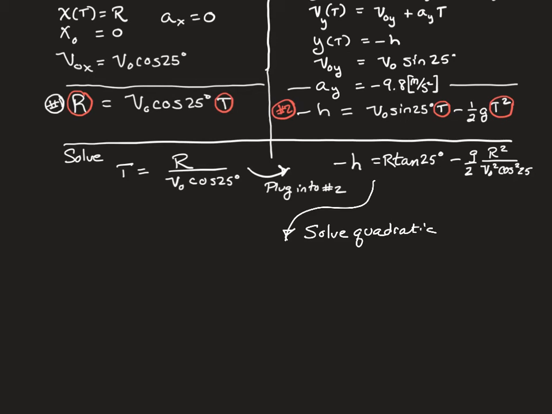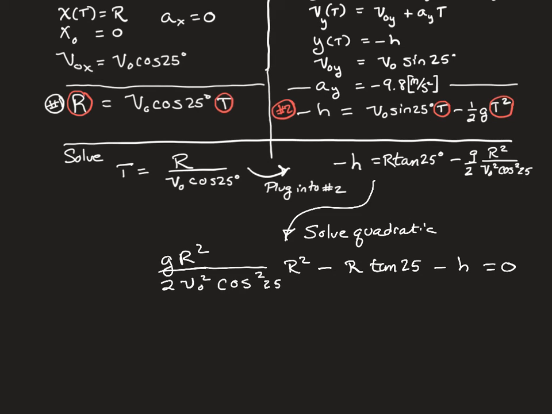So I'll recast this a little bit. This is going to be g over 2 v naught squared cosine squared 25, so all of that stuff are known numbers, times r squared, minus r tangent 25, minus h equals 0. So here's the a term of my quadratic equation, the b term, and the c term.